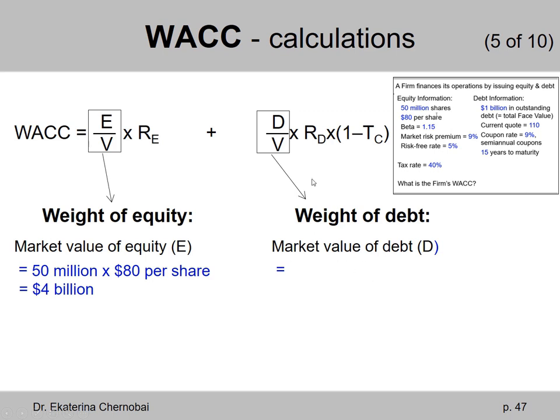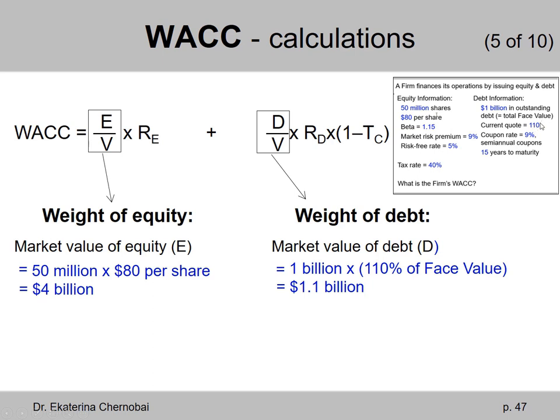What is the number of bonds? If the total face value is 1 billion and the face value of one bond is 1,000, then there must be 1 million bonds. And the price for each from our last slide was $1,100. So you could multiply 1 million bonds by $1,100 per bond, or you could do it a little bit differently. You could use the quote again. The current quote means percentage of the face value.